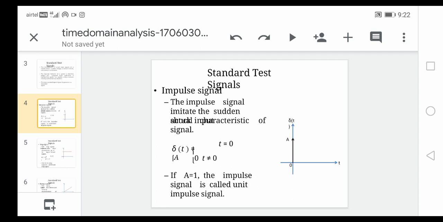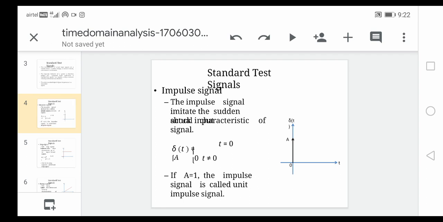I already told you that the impulse signal is nothing but a sudden shock. It will respond when t equals 0, giving a signal of magnitude a.